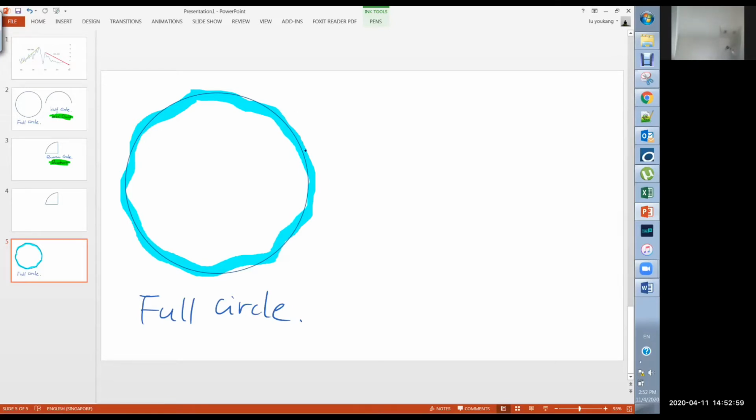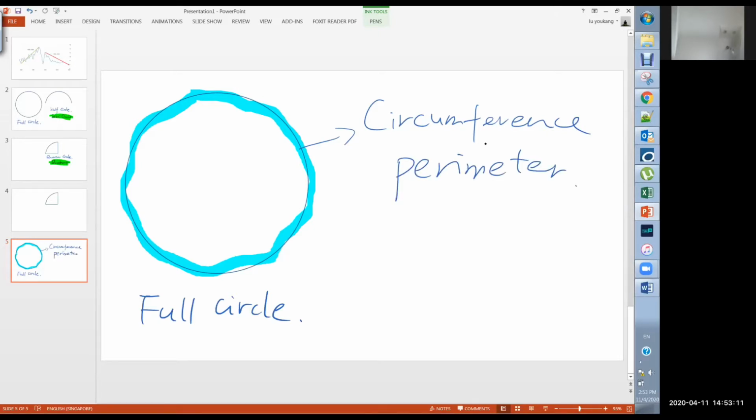It's called the circumference, or perimeter. Both mean the same thing. Basically, if they ask you for the perimeter, what they mean is they want you to find the blue part.